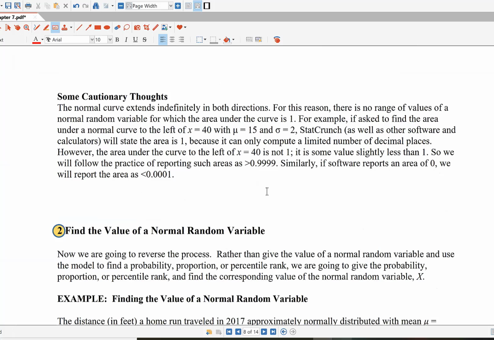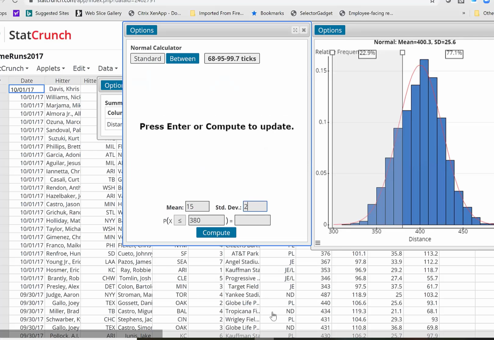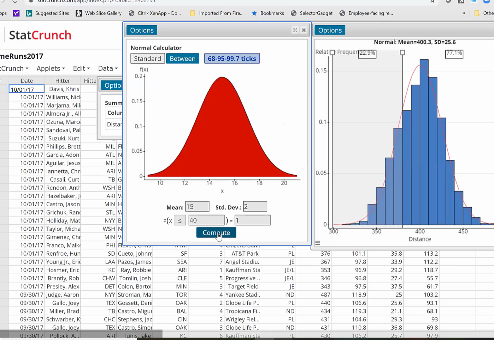The normal curve is always extending indefinitely in both directions, and the phrase we use is that it's asymptotic to the horizontal axis. So be mindful that if you find the area under the normal curve to the left of 40, where the mean is 15 and the standard deviation is 2, see how StatCrunch says 1?